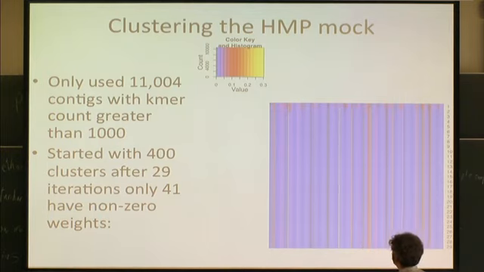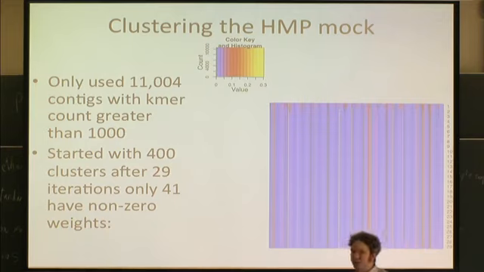So we applied this to this simulated data set. As I said, we had 11,000 contigs with greater than 1,000 base pairs, and we started off with 400 clusters in total. What I'm showing in this heat map is the mixing proportions of those 400 clusters at each iteration of the model. In the first iteration you see a fairly even distribution over cluster weights.